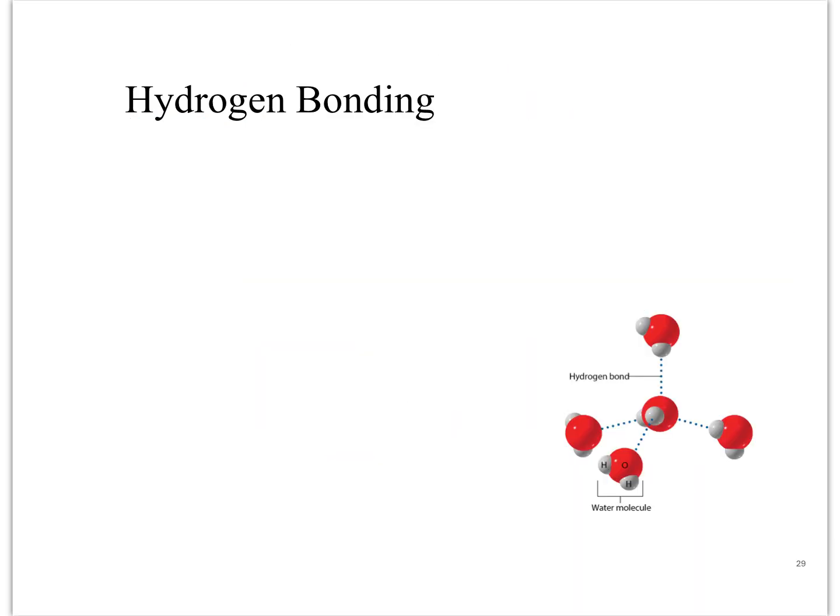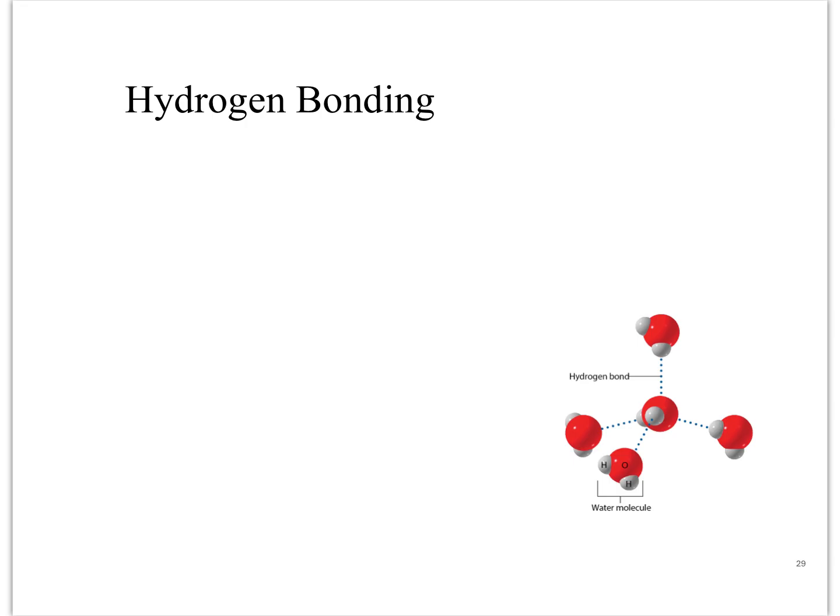Now we are going to look at this very strong intermolecular force that is so-called hydrogen bonding. That is why the water boiling point is relatively high, 100 degrees Celsius. It is because what we have here is so-called hydrogen bonding. It's a particularly strong dipole-dipole force.